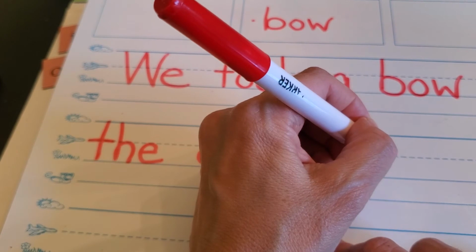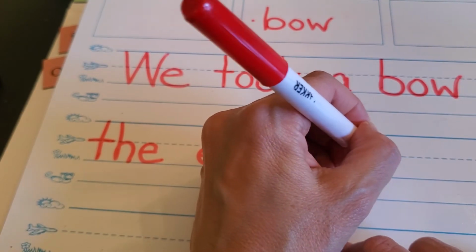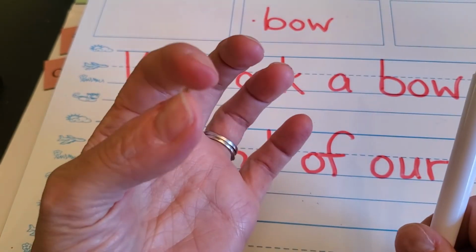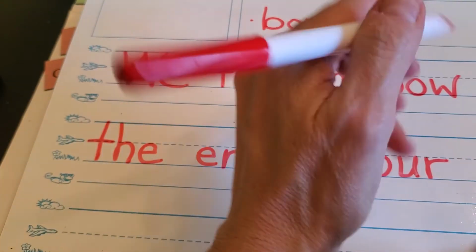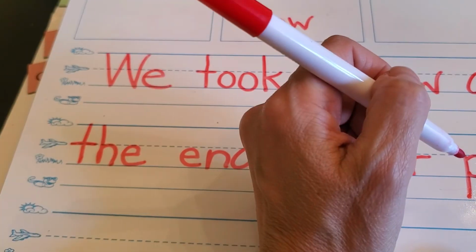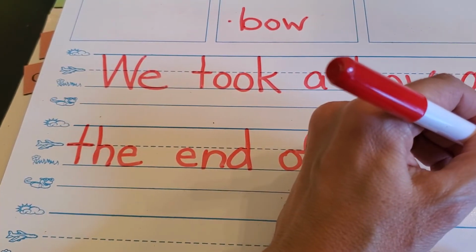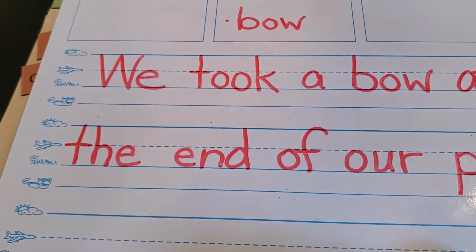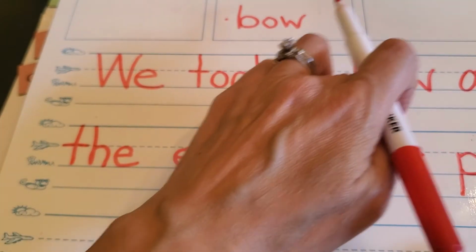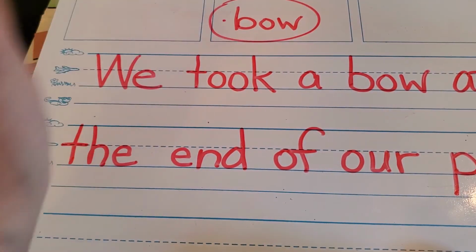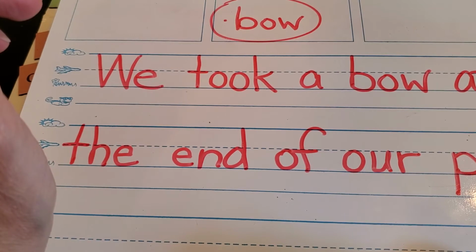Who knows how to spell our? Good. O-U-R. Who knows how to spell play? P-O-A. I hear the P and the L. And what do I put here for A? We have to pick one of those vowel pairs. A-Y. We took a bow at the end of our play. So this could say bow and it could say bow.